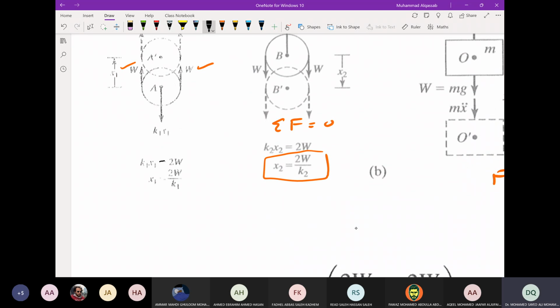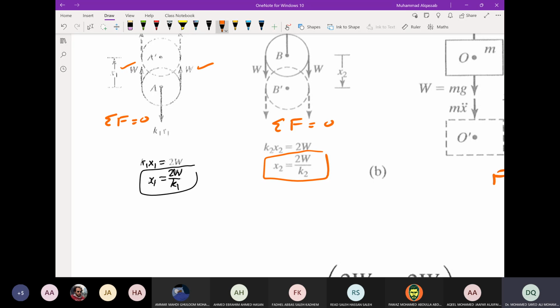Then you rearrange, you get K1 X1 equal to 2W, or X1 equal to 2W over K1. So again, for equilibrium, sum of forces here is also equal to 0.